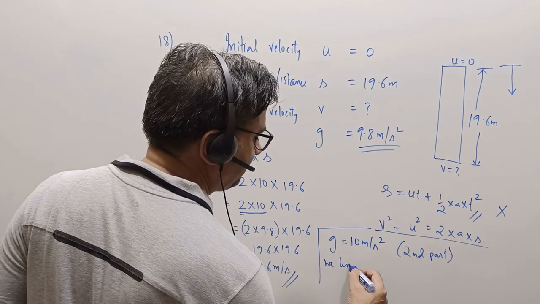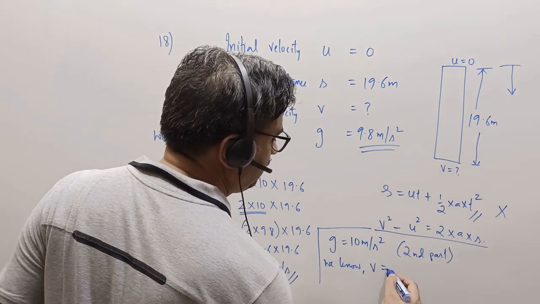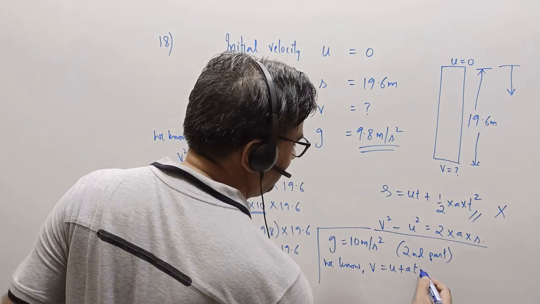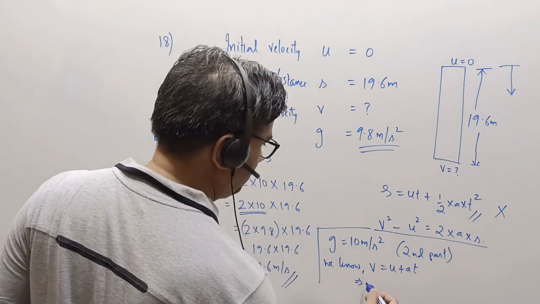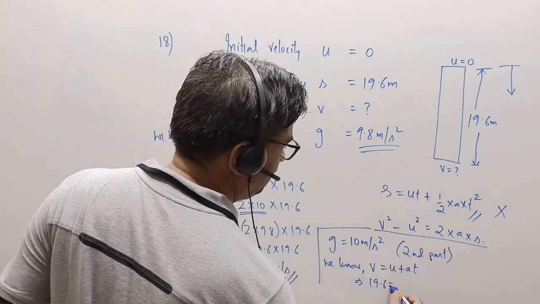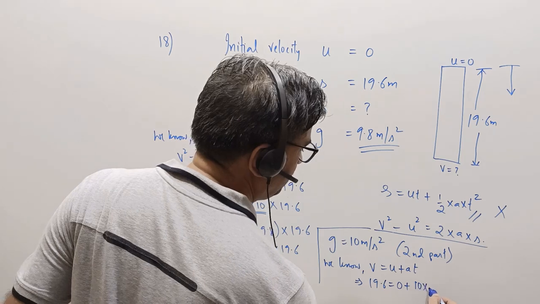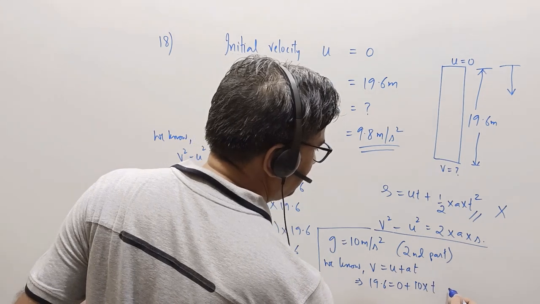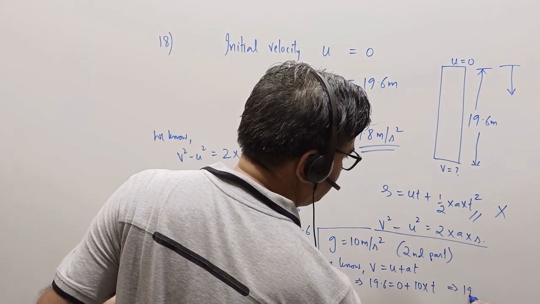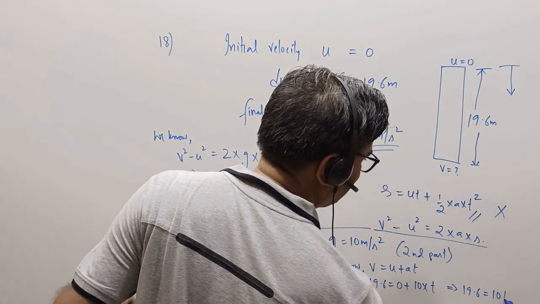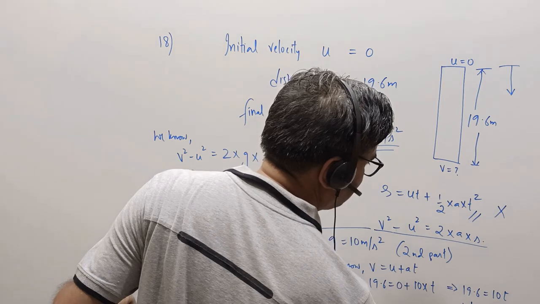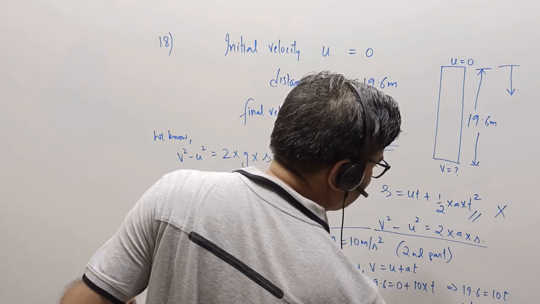We know v is equal to u plus at, and here we found v to be 19.6, u is 0, and this is 10 into t. That gets us 19.6 is equal to 10t, and therefore t is equal to 1.96 seconds.